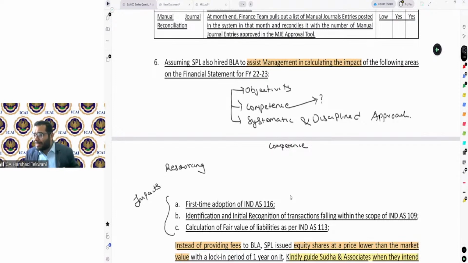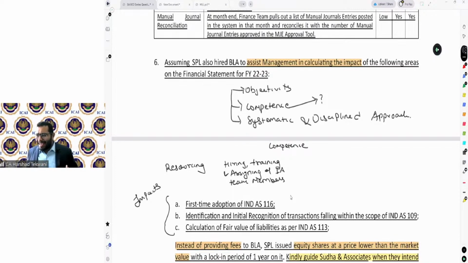Number two, I need to consider policies for hiring, training, and assigning internal auditors. So hiring and training of the IA team members.